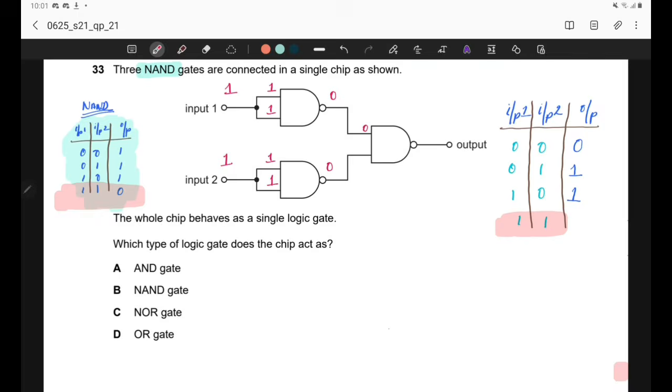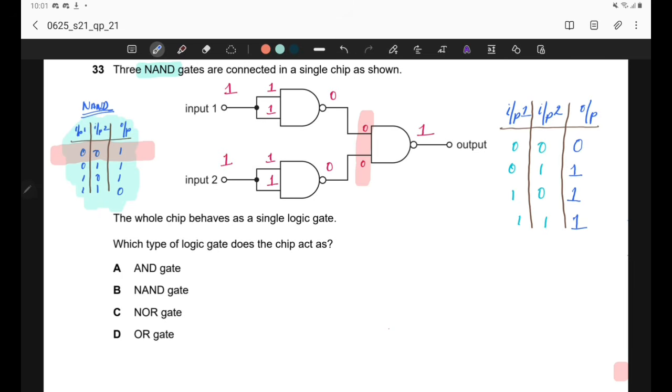As we are connecting these to the third NAND gate, the inputs of the third NAND gate are 0, 0. When the inputs are 0, 0, the output will be 1. So here the output will be 1. So we can understand that when both inputs are 0, 0, we get output 0, and when both inputs are 1, 1, we get output 1.